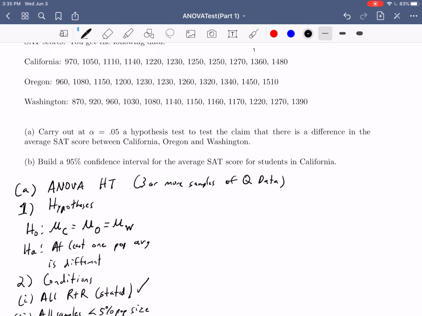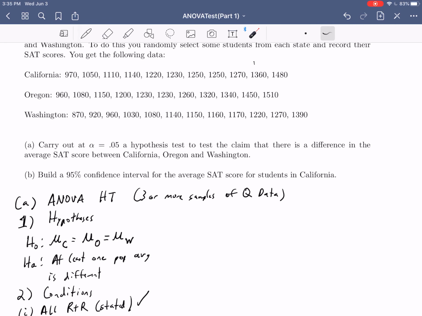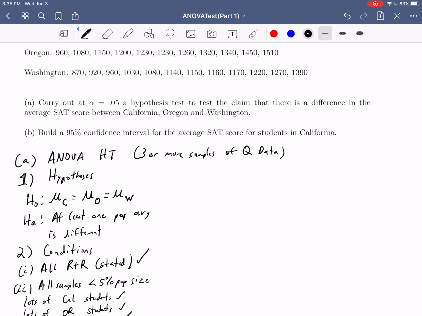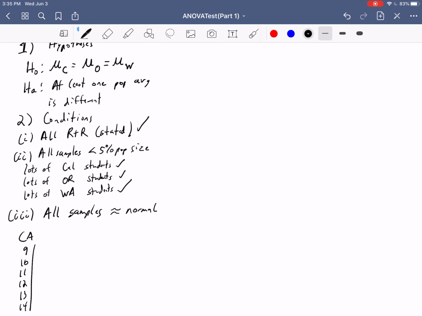For California, it looks like we had things like some 900s in the thousands all the way up to the 14. Now notice we don't really need to plot the last digit because it's always 0. So it looks like we can have stems starting from 9, 10, 11, 12, 13, and 14. Then for the 9, we'll have 9, 7.